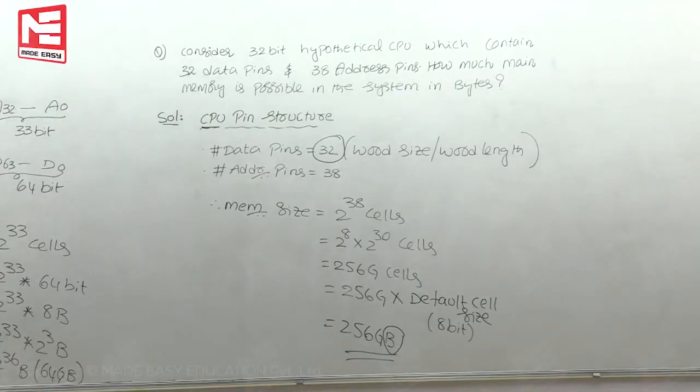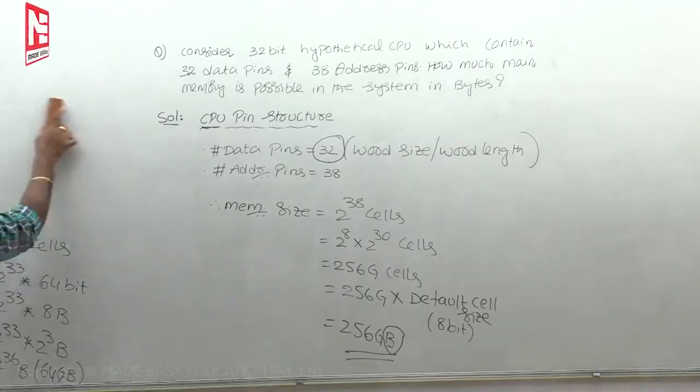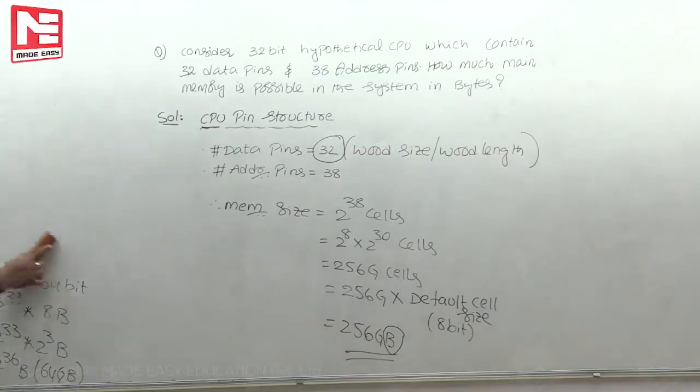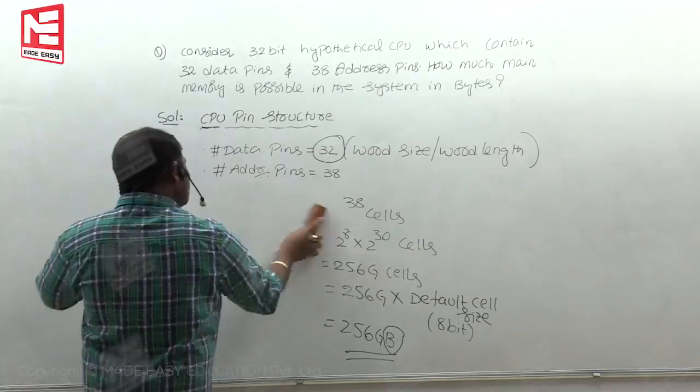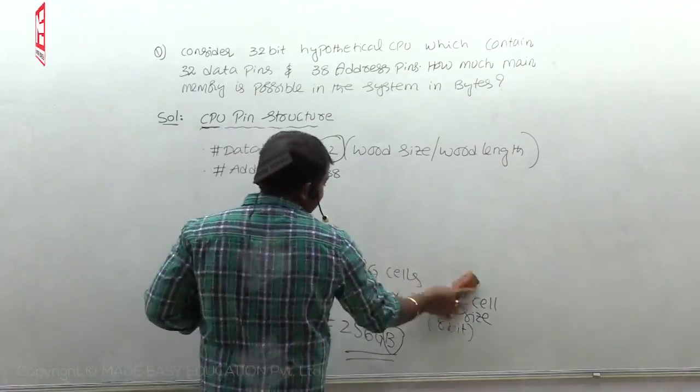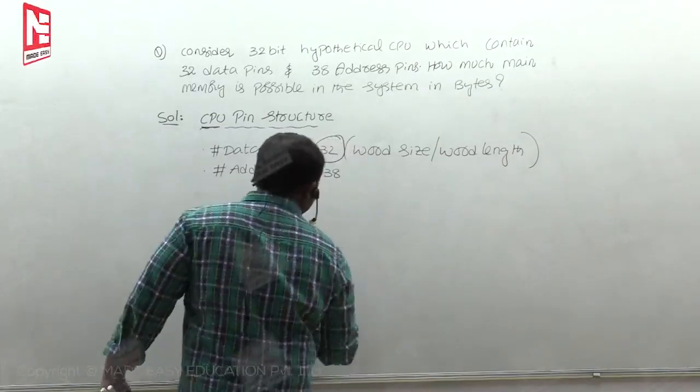Now, after understanding the memory configuration, we realize that the memory chip functionality is storage. The memory chip contains address pins, data pins, and control pins. Address pins and control pins are unidirectional, and data pins are bidirectional.